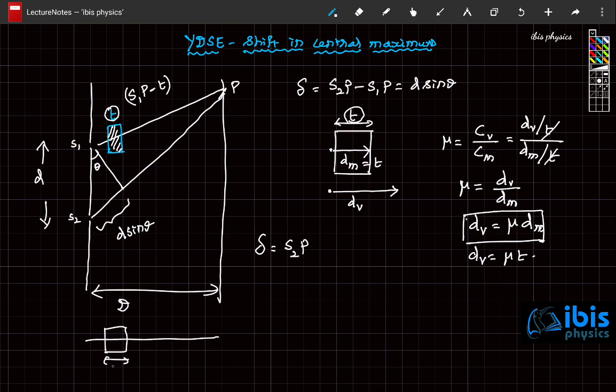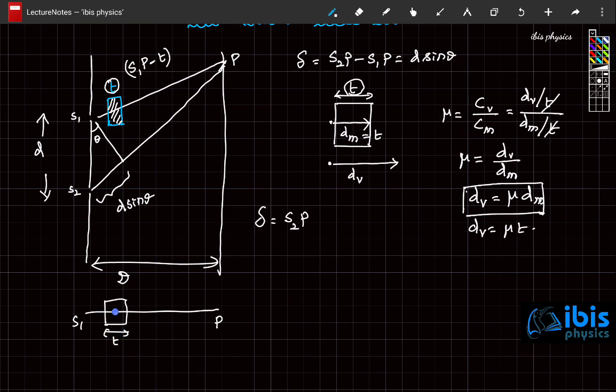This is the thickness T, this is S1, this is P. The total distance is S1P, of which T distance is in medium. So the equivalent distance in vacuum is S1P minus T plus the distance T in medium, whose equivalent distance in vacuum is mu T, so it is plus mu T.